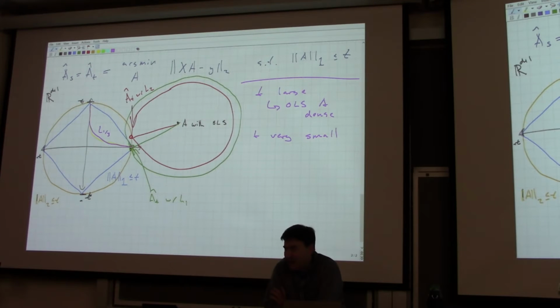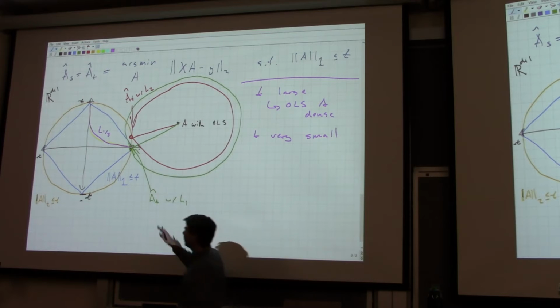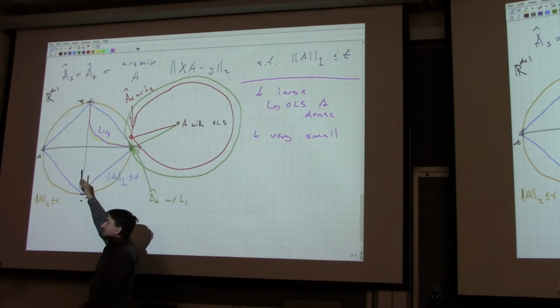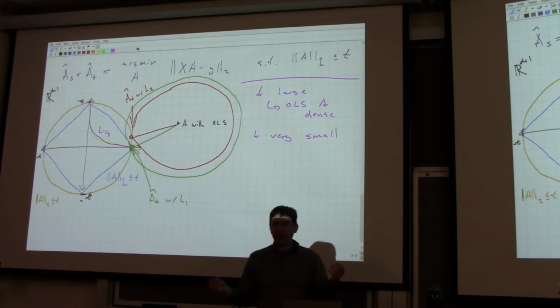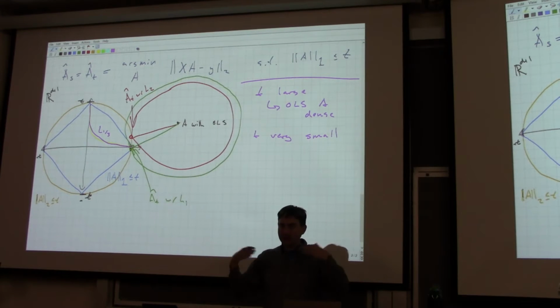If t is exactly 0, then this ball shrinks down to 0, and the solution has to lie inside of it. So your solution is an all-zero thing. Basically, for every input, you're predicting a y value of 0.